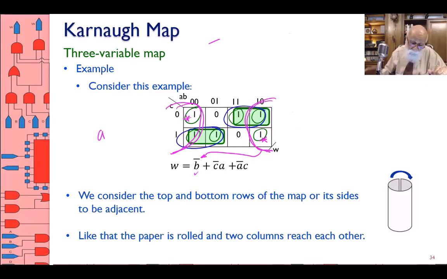The blue one on the upper left is essential because of this one, because this one is only covered by that, and therefore this is A C bar, and this is essential. The one on the lower left, this one is A bar C. Oh no, this is A C bar. This one is A C bar. This is this. And then this one, because of this one, is essential, and therefore this is this.